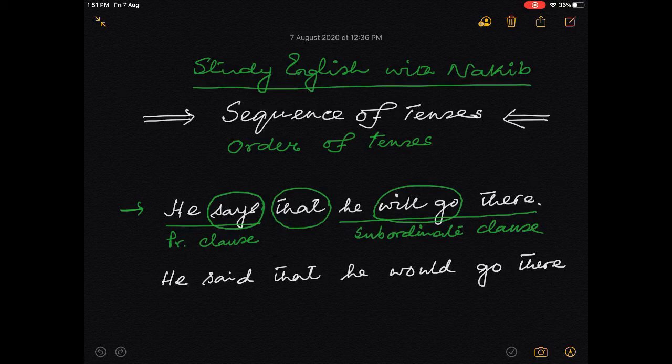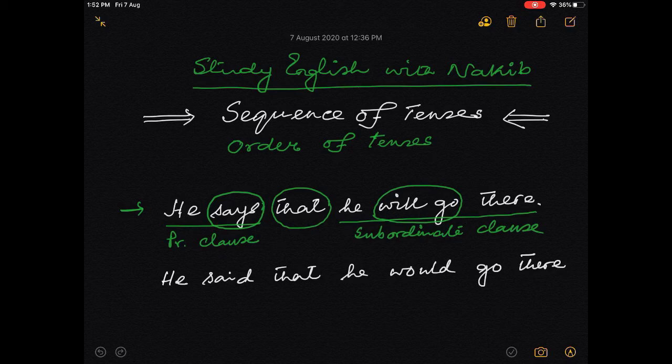That means there may be two or more tenses, and this rule will state in which forms all the verbs of all the tenses will keep themselves.